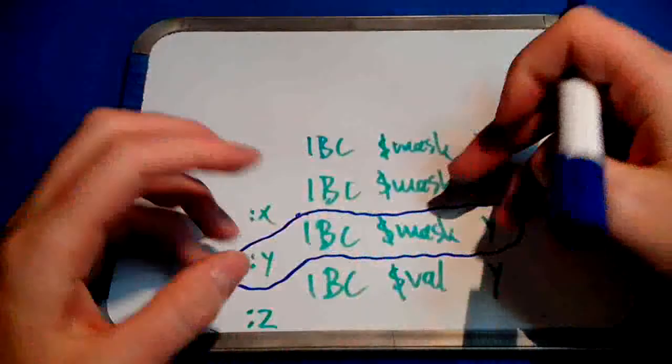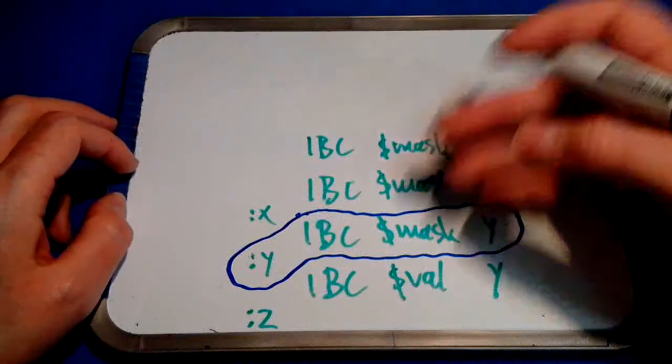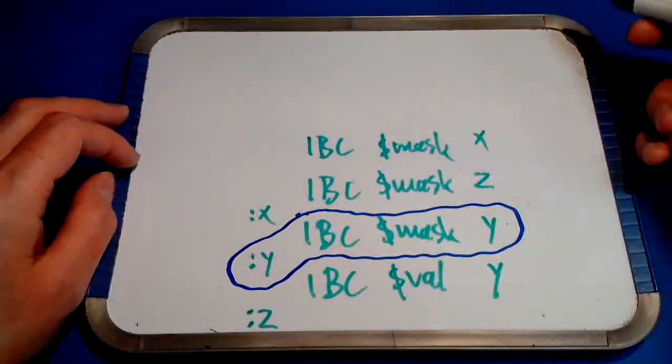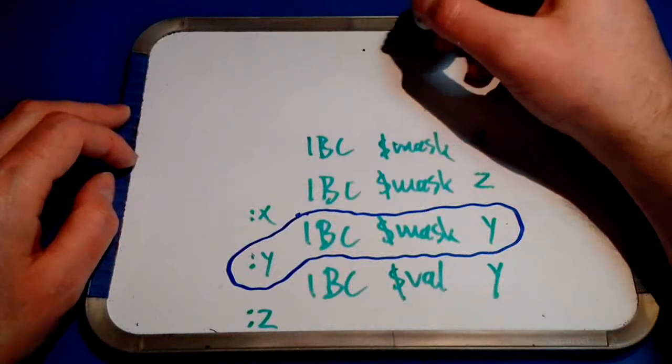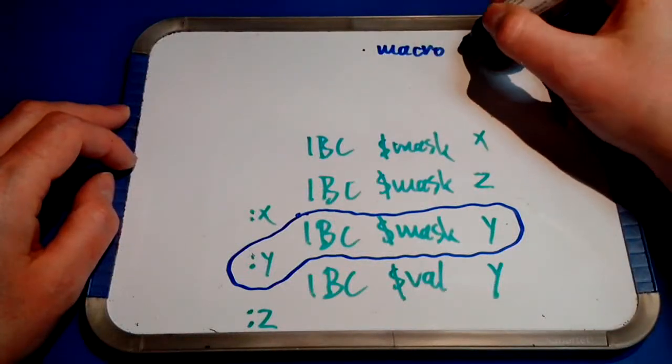Now this is difficult to read. You have to think what it does, and that can be troublesome when you have to read through a whole program. So let's introduce something called a macro, which is basically a named piece of code.